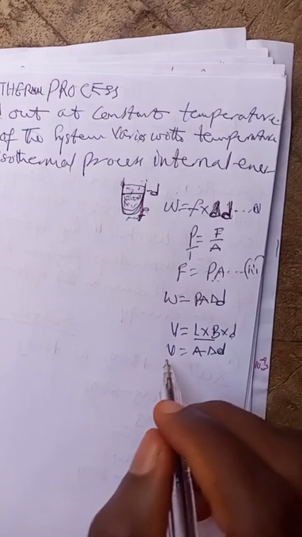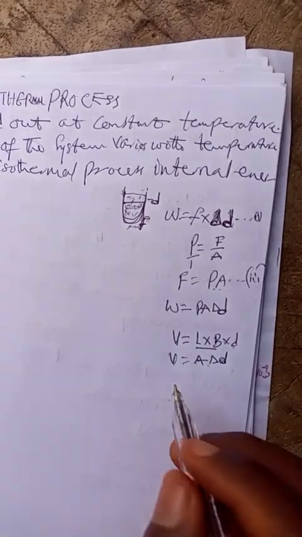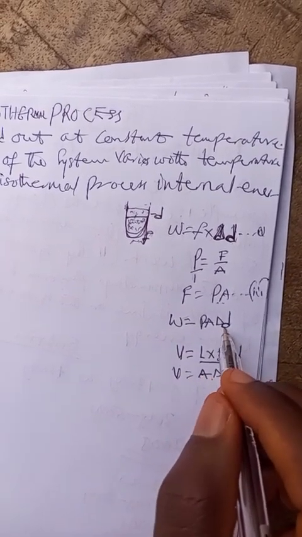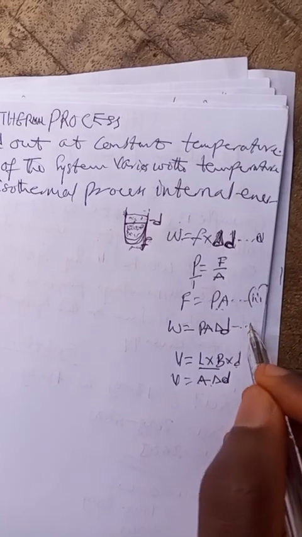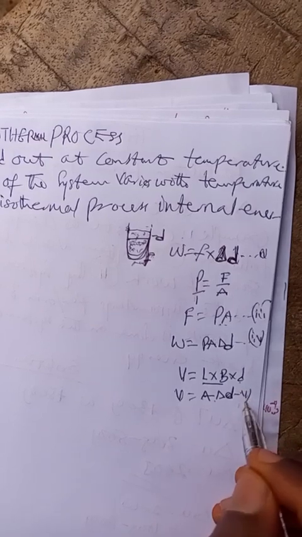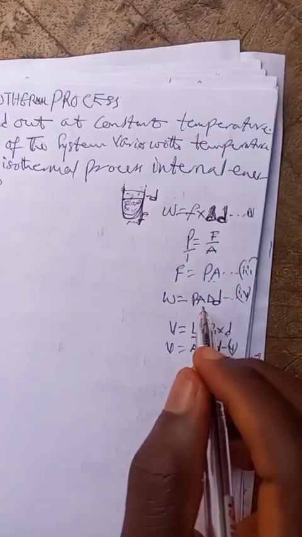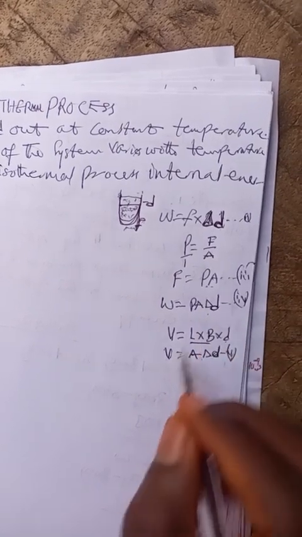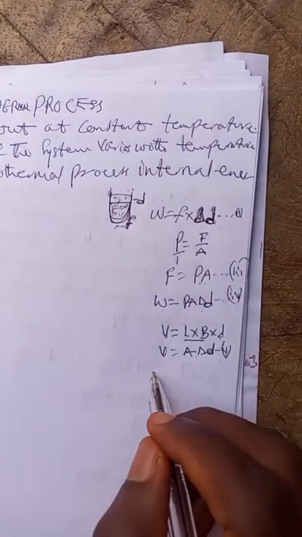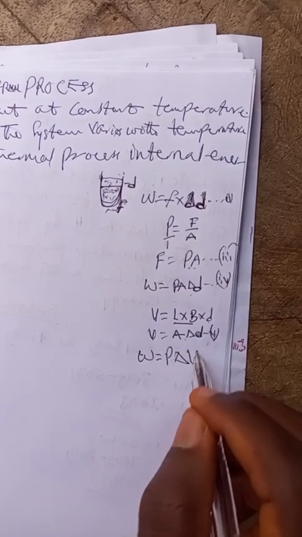So volume is equal to area times delta D. Let's call this one equation 4, and W is equal to PA delta D equation 5. So we are going to substitute for A delta D here, to get W is equal to P delta V, change in volume. So from there we can say W is equal to P delta V.